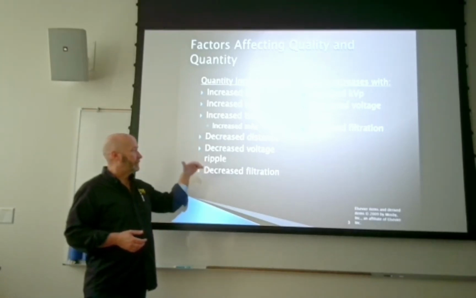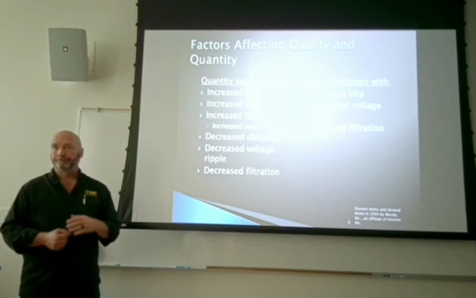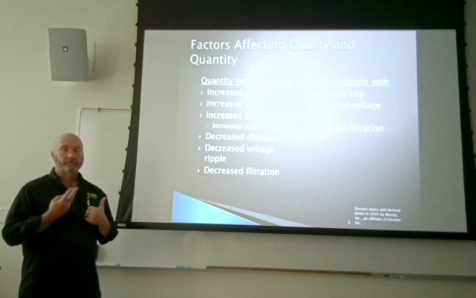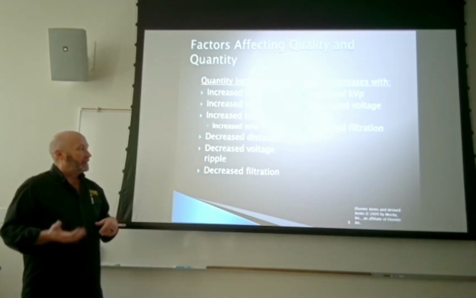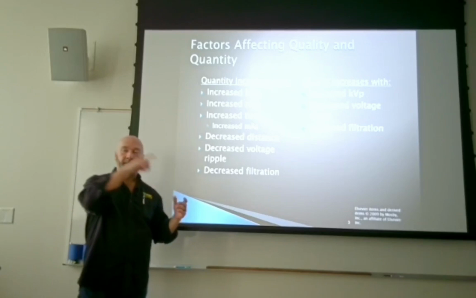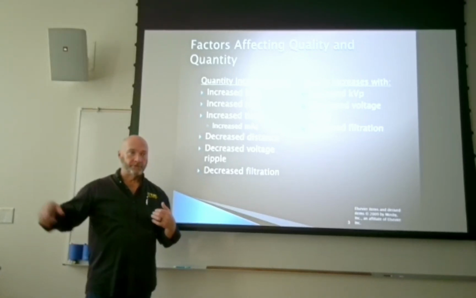So, decreased voltage ripple. We have a change in voltage ripple. What are we talking about there? Like, one phase. Single phase, three phase, right? Three phase, high frequency. With single phase, regardless of what kind of single phase it is, we have a 100% voltage ripple.